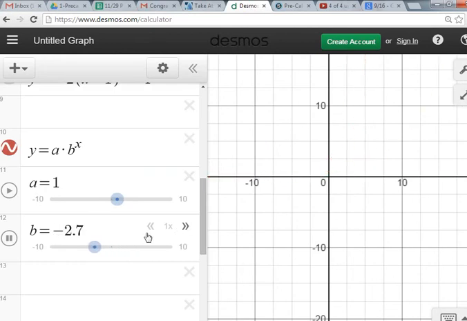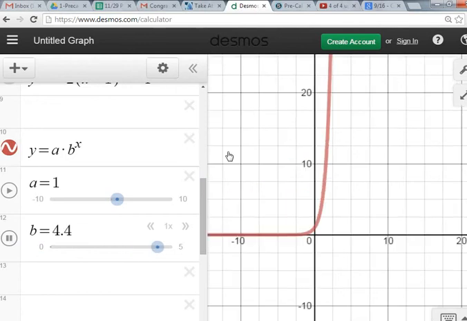Yeah. That's right. So if it's less than 0, ooh, then it's like that. It just gets steeper and steeper, or it gets flatter and flatter. And if it gets less than 1, then it becomes a decay.